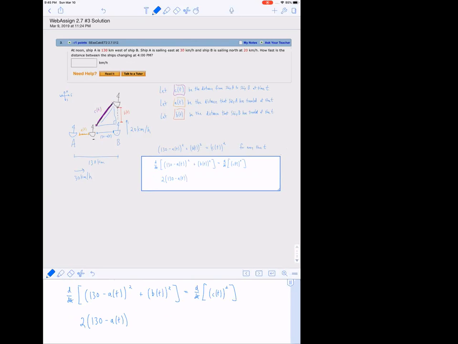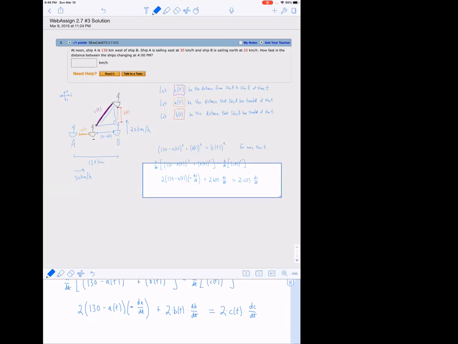But then the chain rule says that we need to take the derivative of the internal thing inside the square also. So we'll end up with a negative dA/dt, that is the derivative of the function A. And then we will add to this 2 times B of t times the derivative of B with respect to t. And then on the right-hand side of the equation, we'll have 2 times C of t raised to the first times the derivative of C with respect to t.